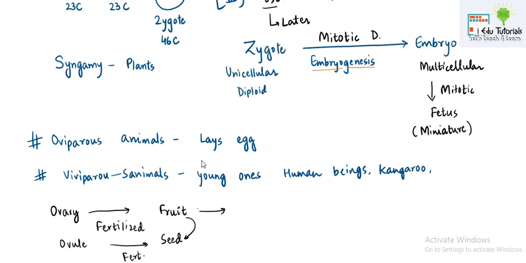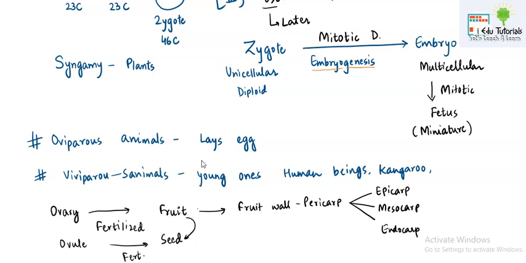Now here you must know that the fruit wall is known as the pericarp, and this pericarp is generally differentiated into three parts: epicarp, mesocarp and endocarp. Epicarp, of course, will be the outer layer, mesocarp will be the middle layer, and endocarp will be the innermost layer.